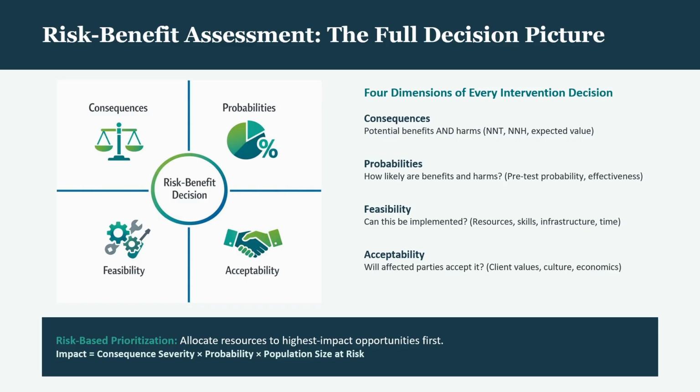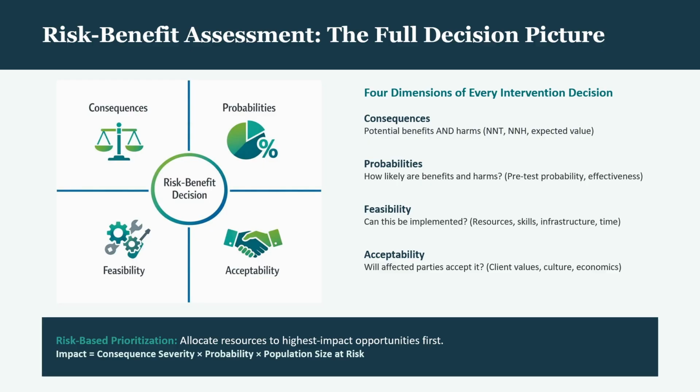This is where NNT and NNH from Talk 3.3 become the operative metrics. How many animals do you need to treat to benefit one? And how many before one is harmed? In a population medicine context, consequences also include the number of cases prevented, herd immunity achieved, or production losses avoided. Probabilities.